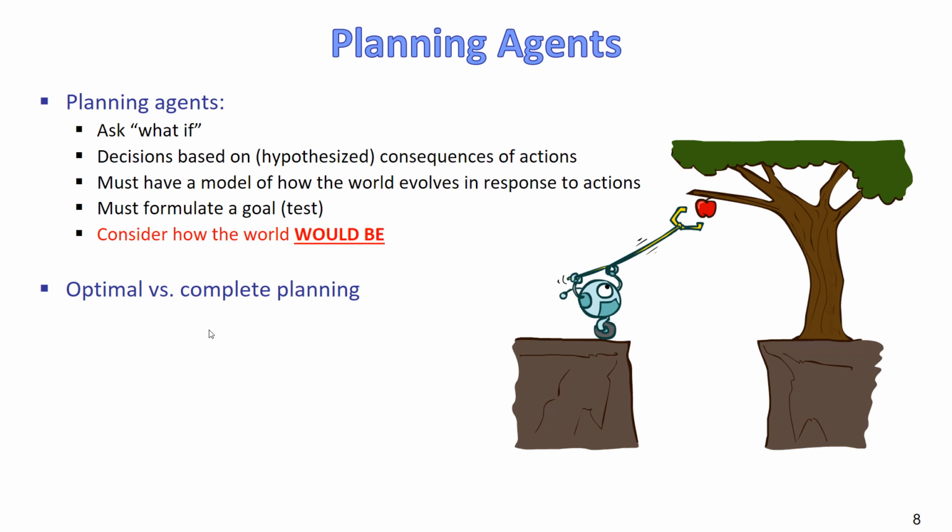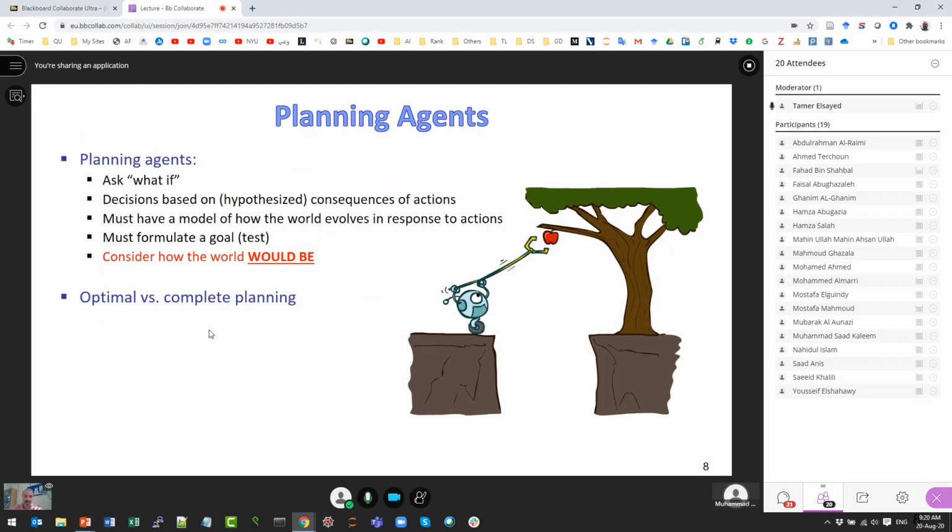So optimal planning is to find the best solution, the minimum cost solution. Complete planning is to find a solution. That solution might not be the optimal, but if my planning is complete, it's guaranteed that I will reach a solution if there is one. Okay, the difference is clear, I hope. Any question about that?